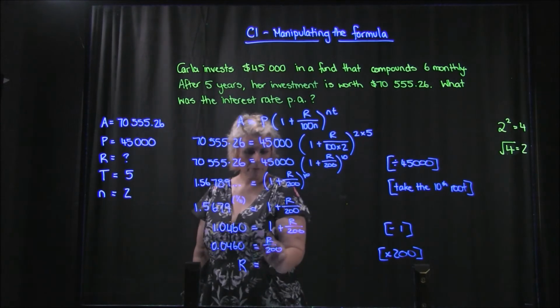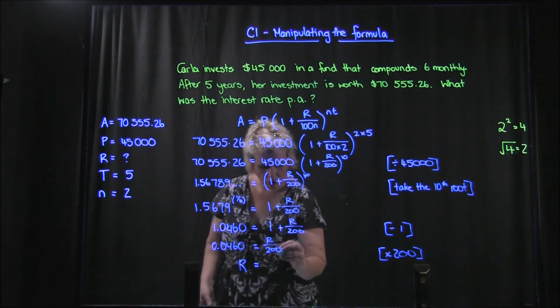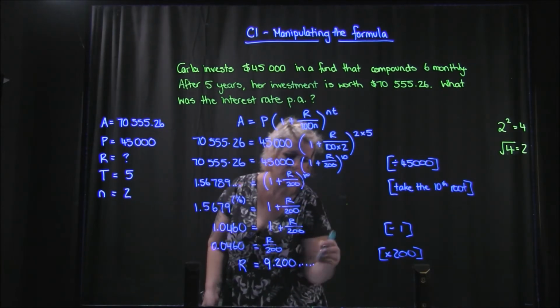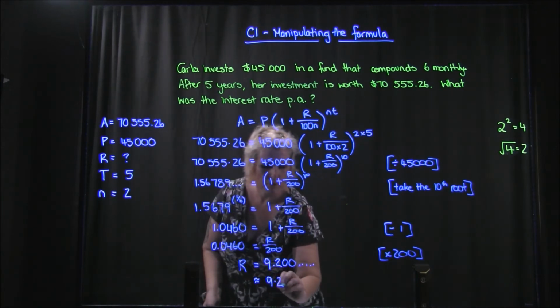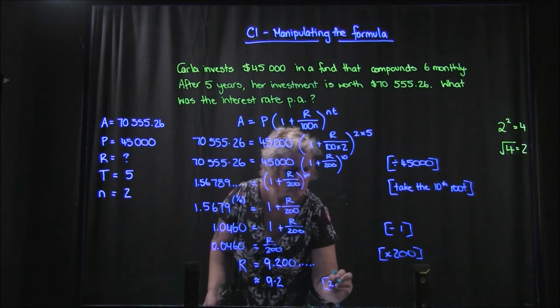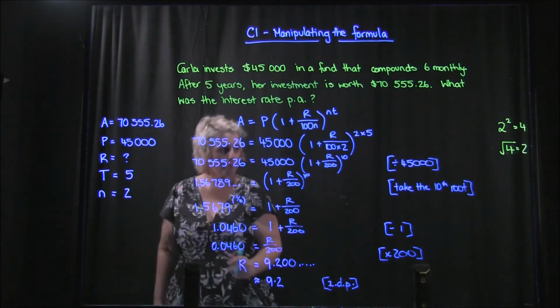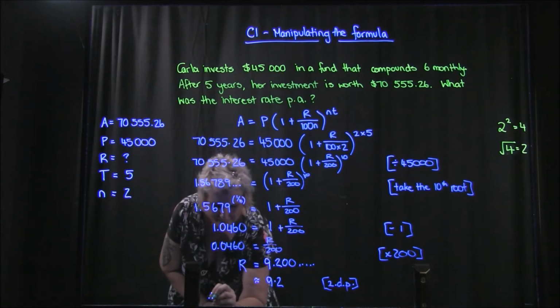So if I multiply, it leaves me r, so I multiply on this side, and it gives me 9.200, and there's a lot of zeros and then some other numbers, so I will round that to 9.2, 2 decimal places. So basically, then I can write my therefore statement, just down the bottom here.